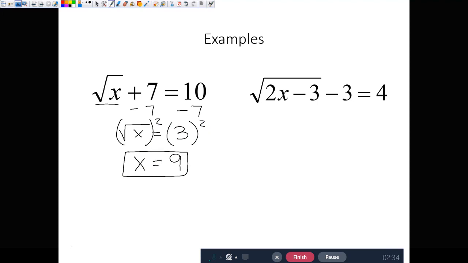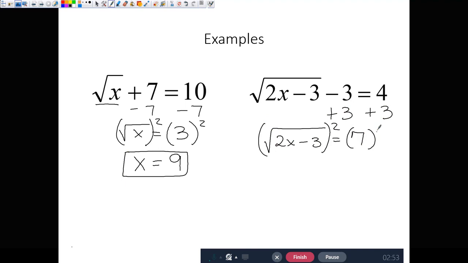Okay, here I'm going to add 3 to both sides. So I'm going to have the square root of 2x minus 3 equals, what's 4 plus 3? 7. Then I'm going to square both sides. So my square is going to eliminate my square root, or my radical.